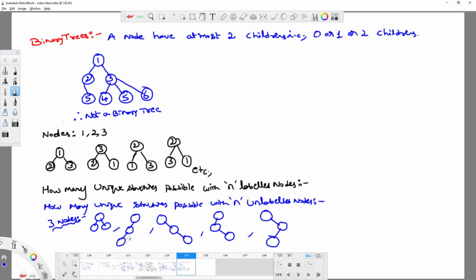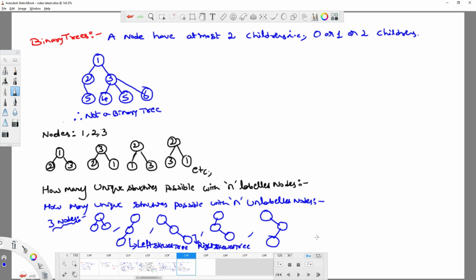The second one I mentioned here, we call it a left skewed binary tree. Why am I calling it a left skewed tree? Because all the elements are arranged as completely to the left as possible. And this one we will call a right skewed tree.